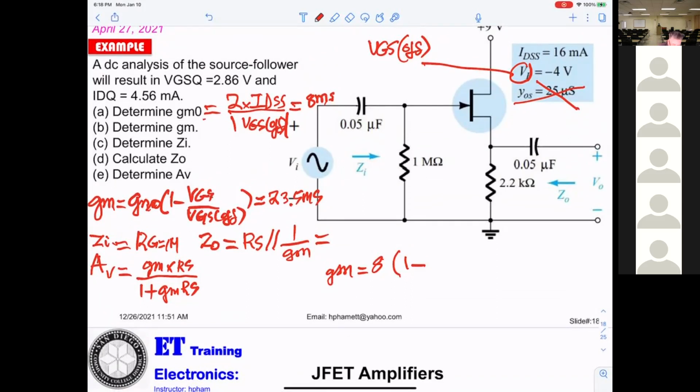So they will be equal 8 times 1 minus 2.86 divided by negative 4. 2.86 is not negative; there's no negative in front of the 2.